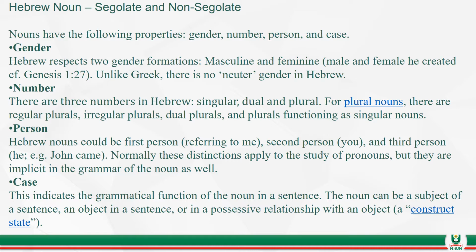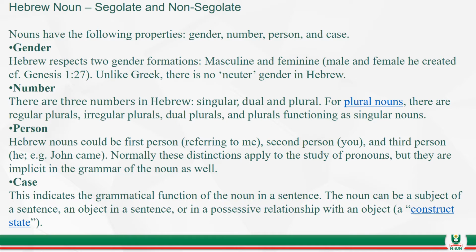By gender, we think of two instead of three as in Greek. We think of the masculine and the feminine, and we also have number in Hebrew, and the Hebrews think of three numbers: the singular, the plural, and the dual.